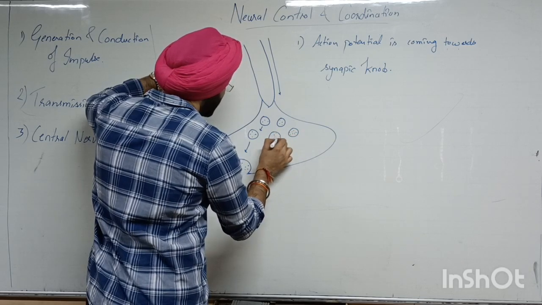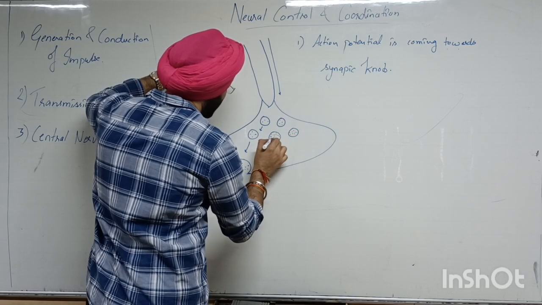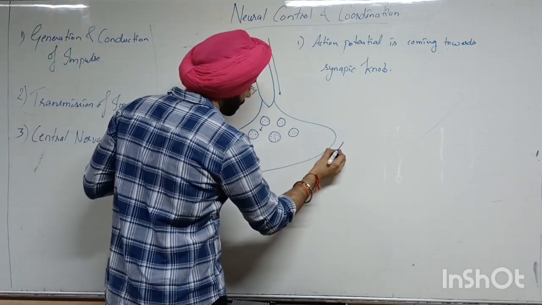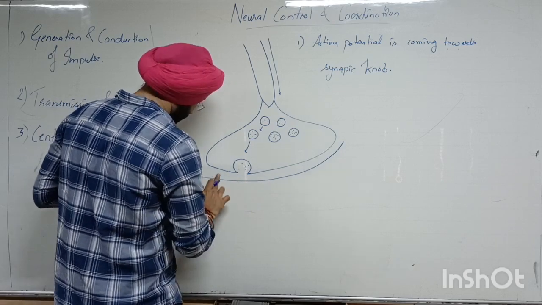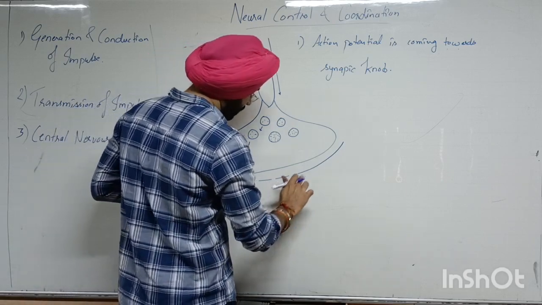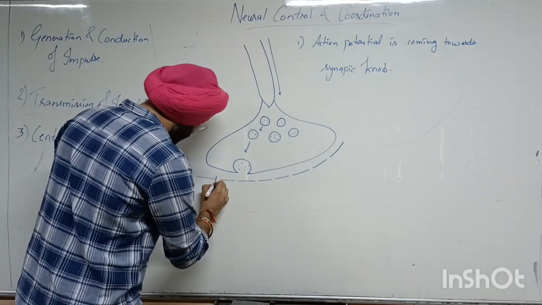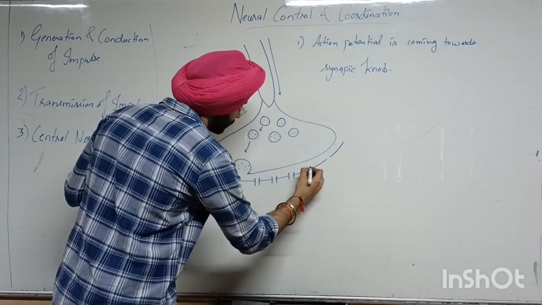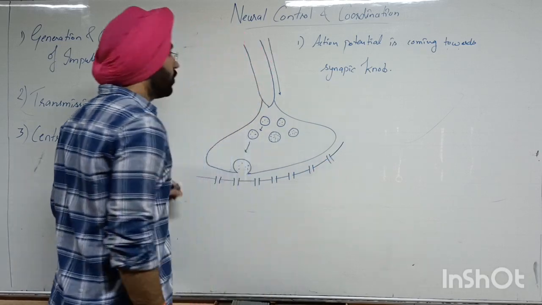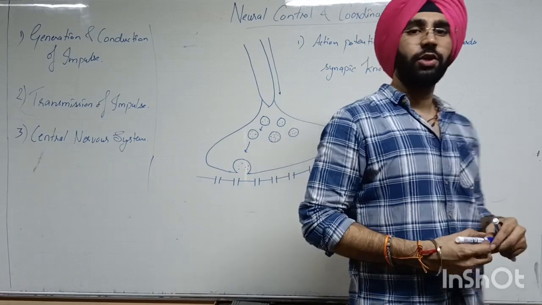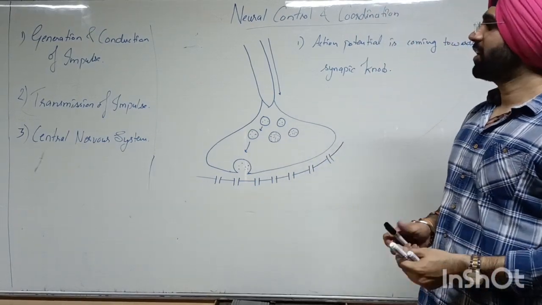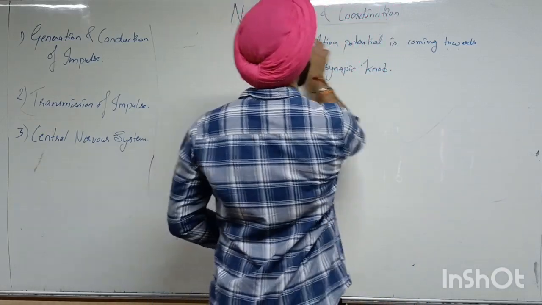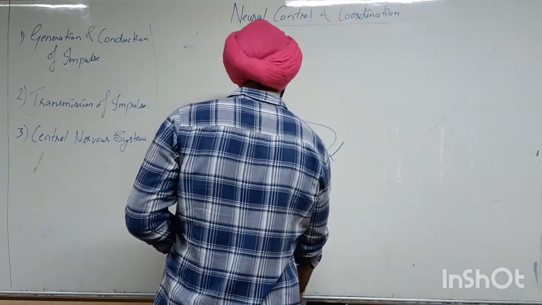The neurotransmitter is responsible for transmission of impulse. First thing you need to understand is that the transmission of impulse is in two forms. Here I am going to explain the difference between these two.